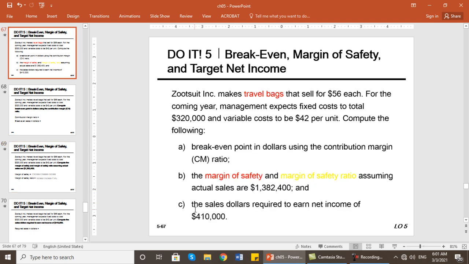And C, the sales dollars required to earn a net income of 410,000.